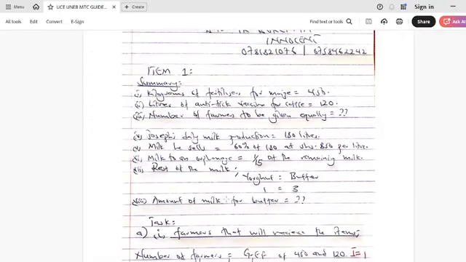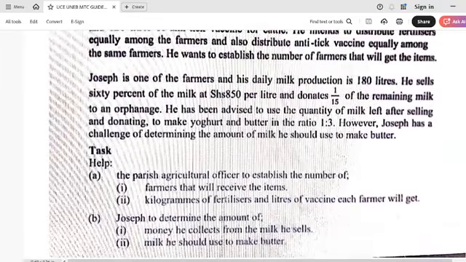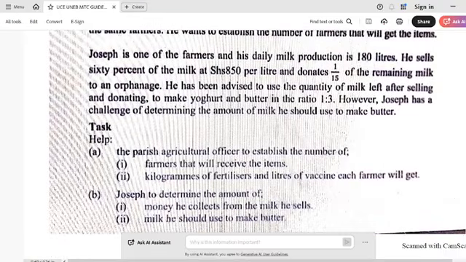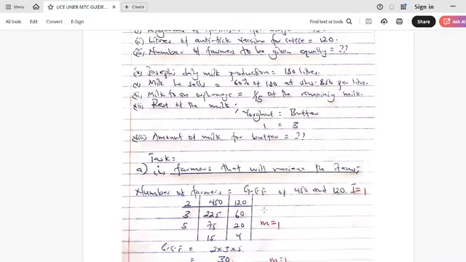Let's go to part B. Part B, Roman 2. Joseph is to determine the amount of milk he should use to make butter. Remember, we already have everything in the summary here. Now the milk, there's an amount of milk given to the orphanage, which is 1/15 of the remaining milk.